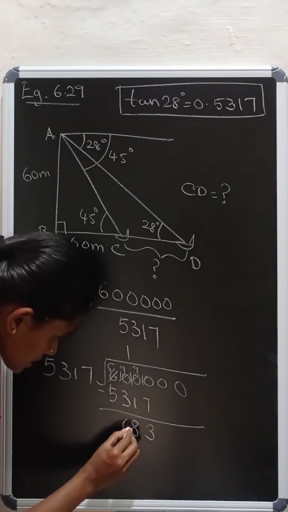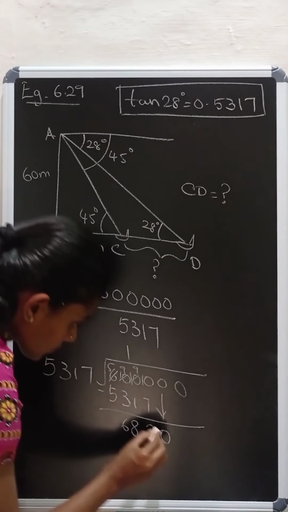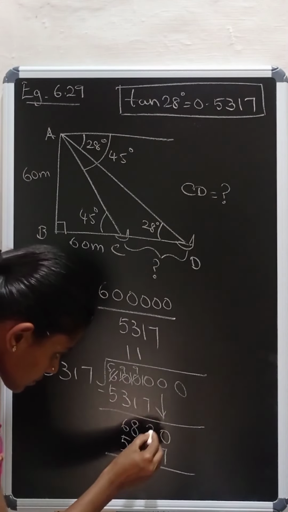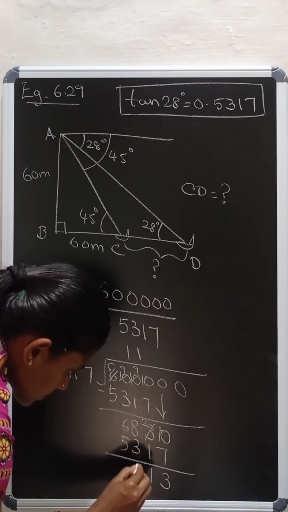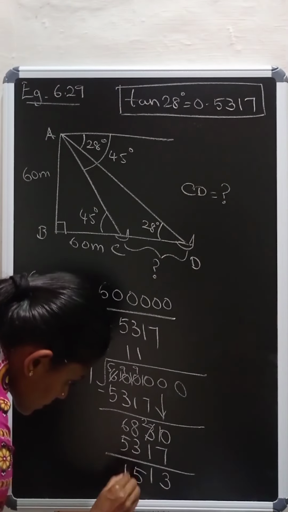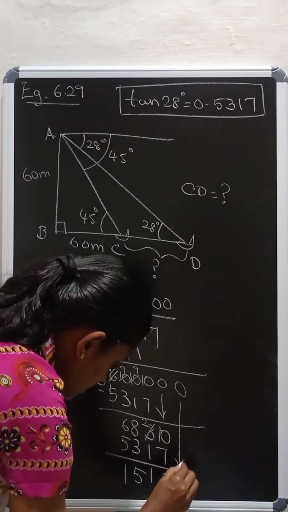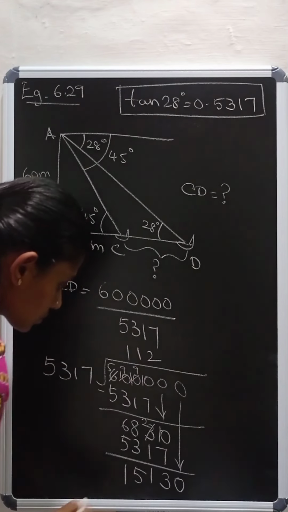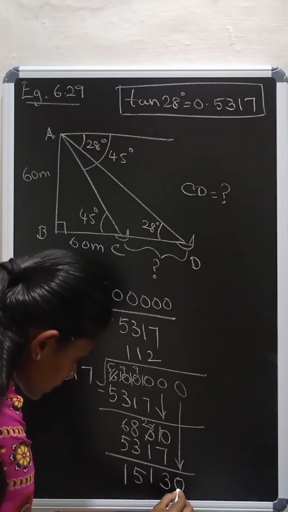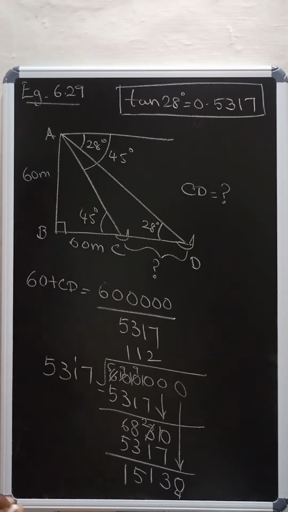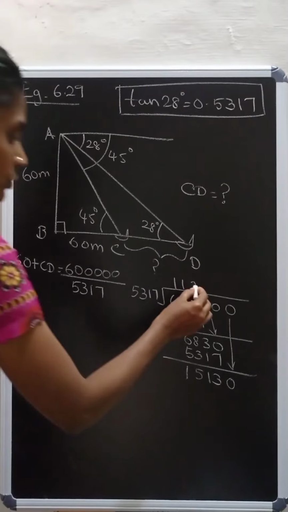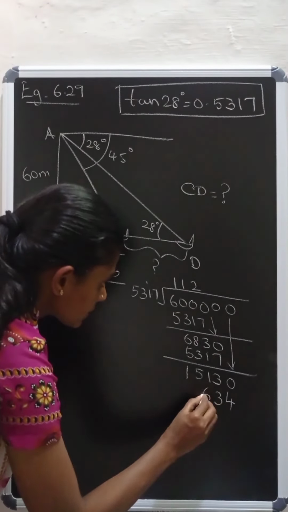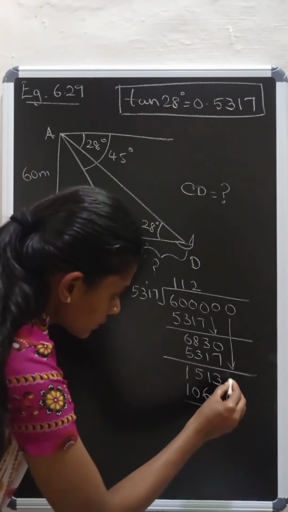Nine minus 3, 6. Zero. Sevens are 40. So 2 sevens are 14. 4 carry over 1. 2 ones are 2 plus 1 is 3. 2 threes are 6. 2 fives are 10. So now cancel this.